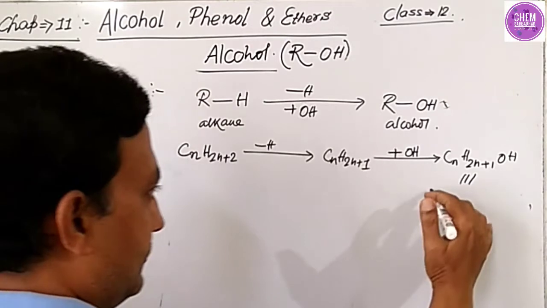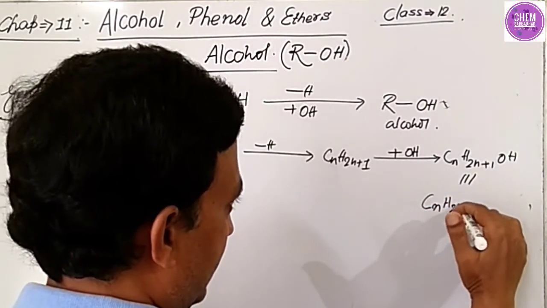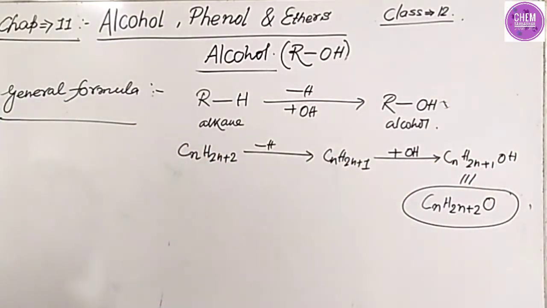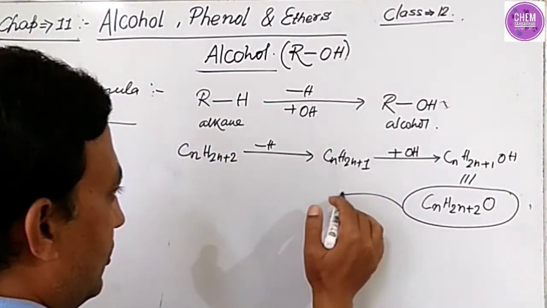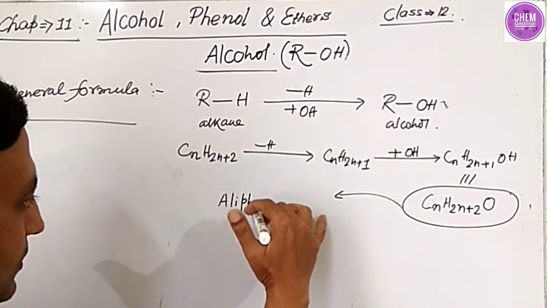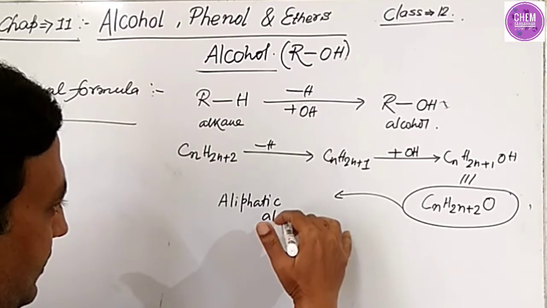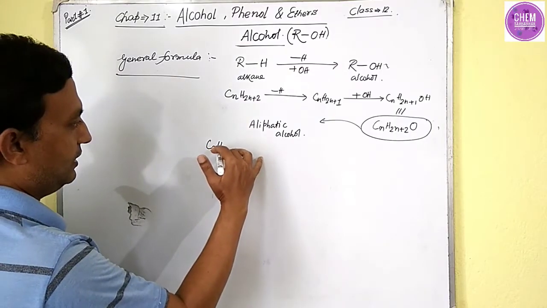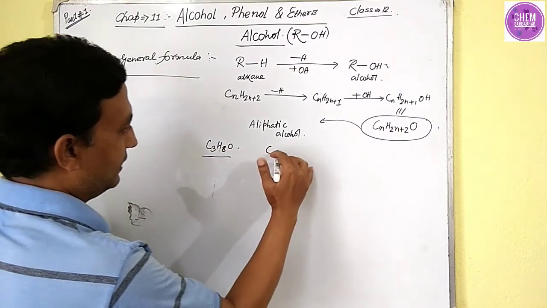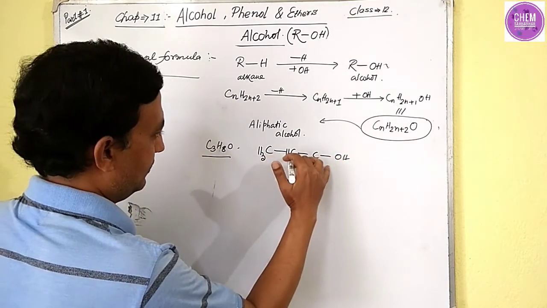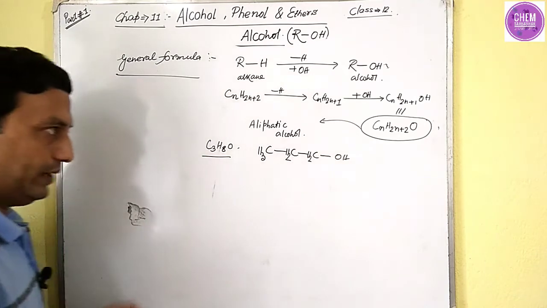Adding the hydrogen, we get CnH2n+2O. This is the general formula of aliphatic or open chain alcohol. As an example, C3H8O gives propanol, that means CH3CH2CH2OH.